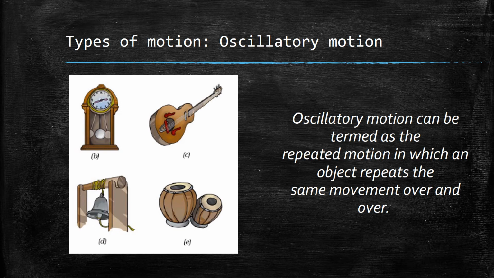Tablas are covered by an animal skin or sometimes by synthetic materials also. When you play tablas, they will move from top to bottom. They will travel from point A to point B and then back to the starting point.